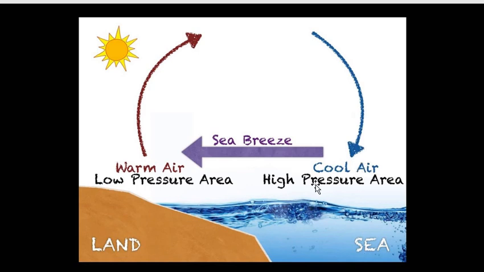Above the sea, we have a high pressure area. As we know, the movement of air is from high pressure to low pressure area. So the cool air moves from the high pressure zone to the lower pressure zone. This process keeps on moving.